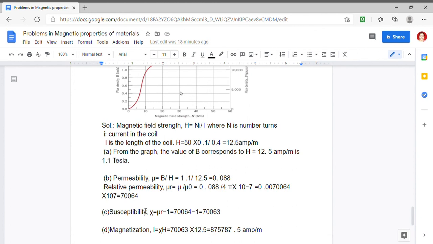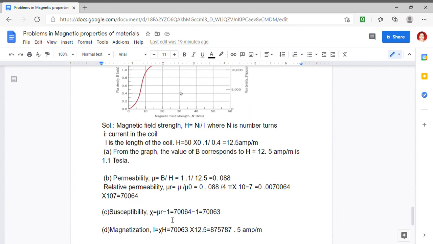Now, the other unknown parameter is susceptibility, and the relation between susceptibility and relative permeability is susceptibility chi equal to mu R minus 1. So, mu R relative permeability is determined as 70064.